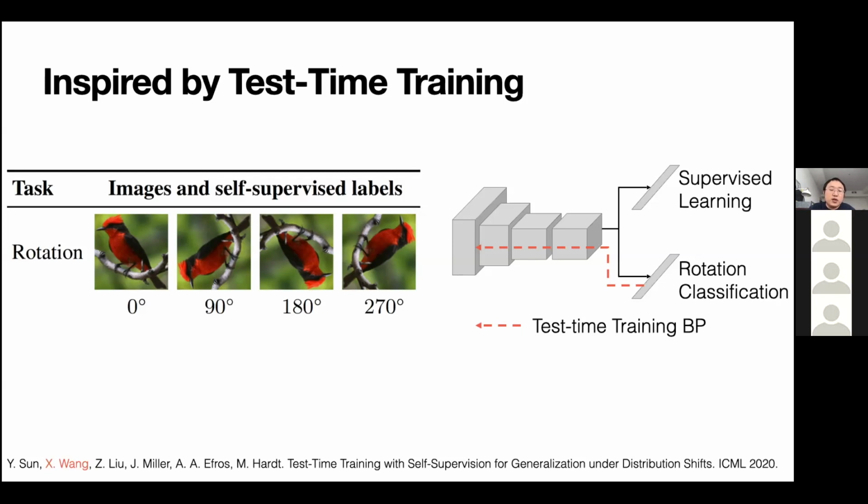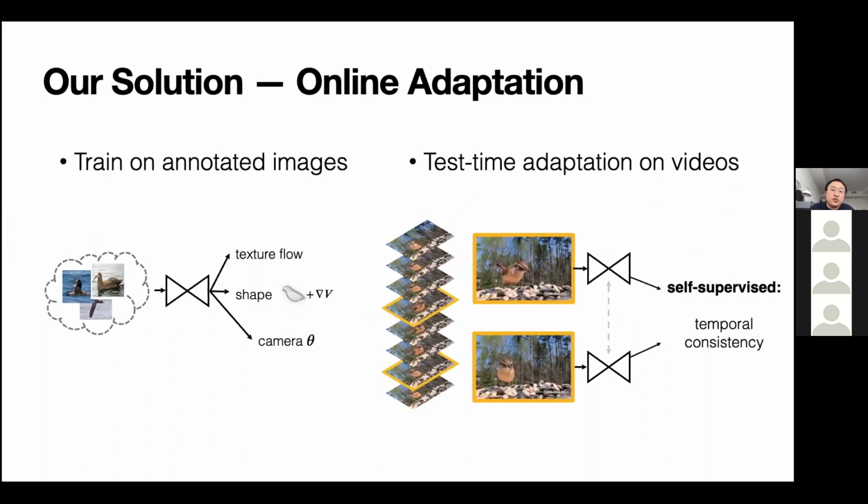Following the same spirit, we also want to perform self-supervised learning during testing to improve 3D reconstruction in our work. So we propose to perform online adaptation in a test video. We first train a single view reconstruction network using a group of annotated images like previous methods.